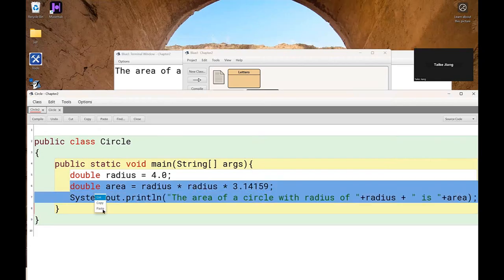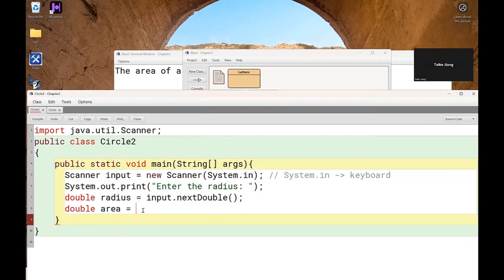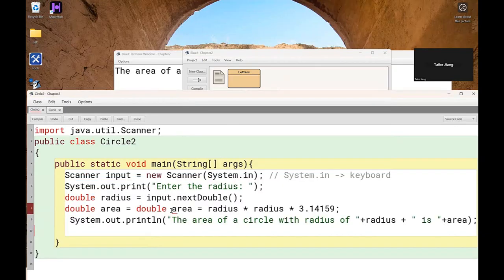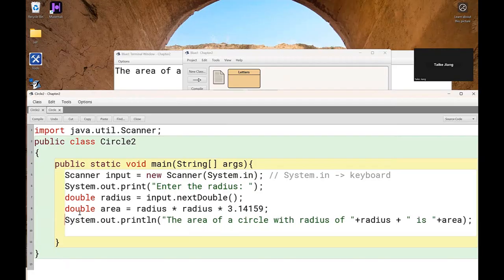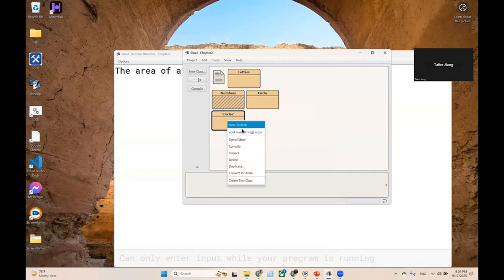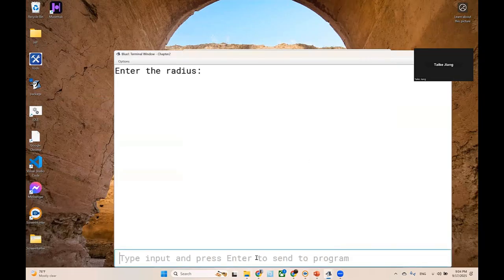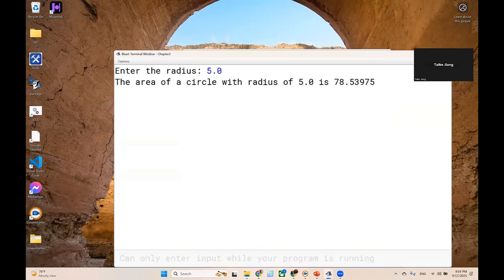So this one you get the input. The input is from the keyboard instead of your pre-stored value. The previous one is a pre-stored value. This one is from your keyboard input.